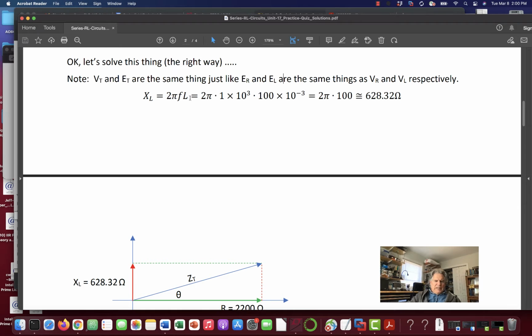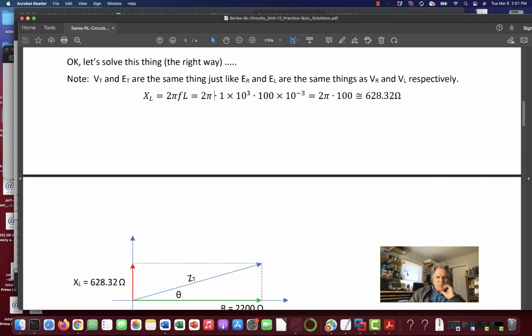So 2 pi FL, you got your 2 pi, you got your F here, 1 times 10 to the third, and you've got 100 times 10 to the negative third, that's L. So this one is hertz, this one is henries. But when you multiply them together, the 10 to the third and the 10 to the minus third cancel out, because you add the exponents when you multiply numbers of the same base.